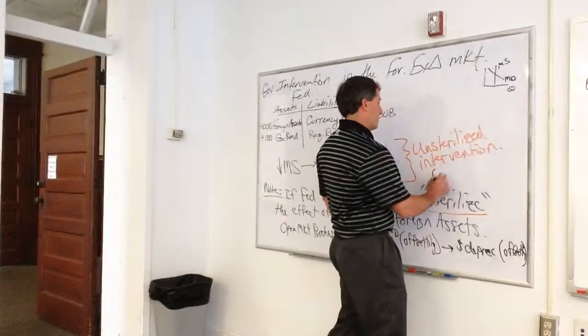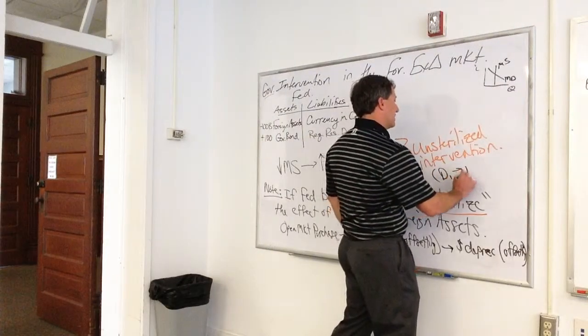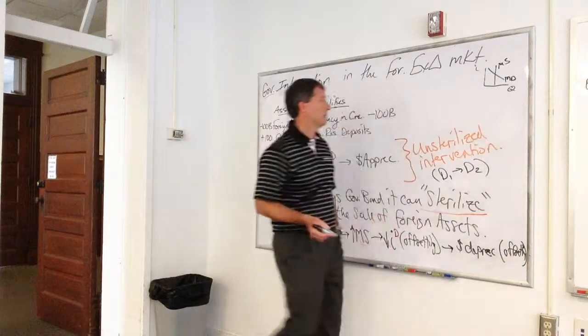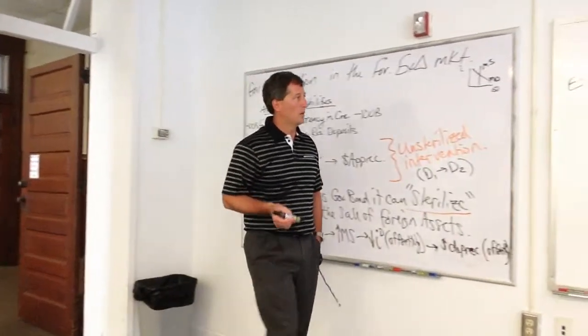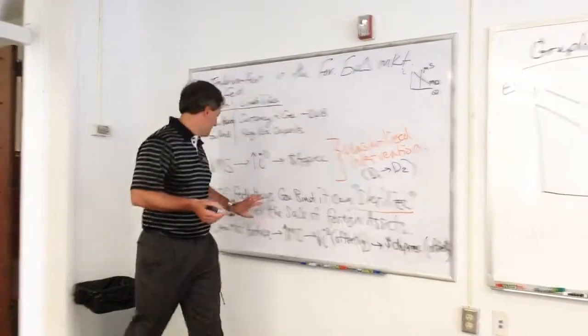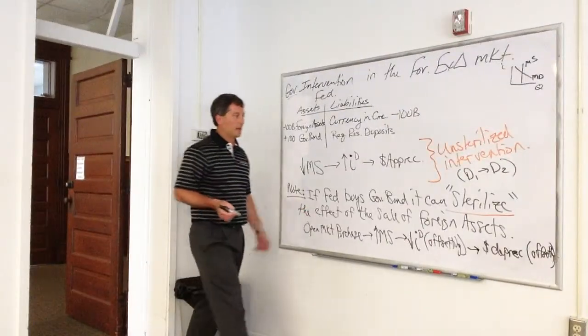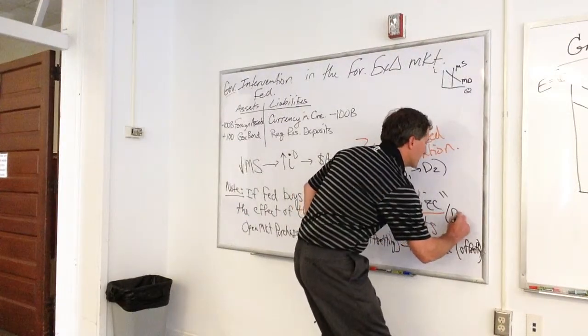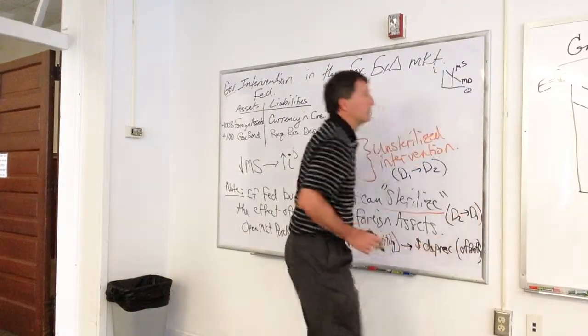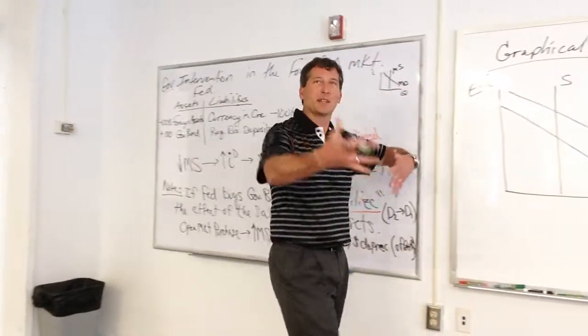So if you want to tie it back to this graph, D1 to D2. And then we can offset that by sterilizing, undoing D2 back to D1. Of course, in theory, if they're doing it simultaneously, it just never moves.